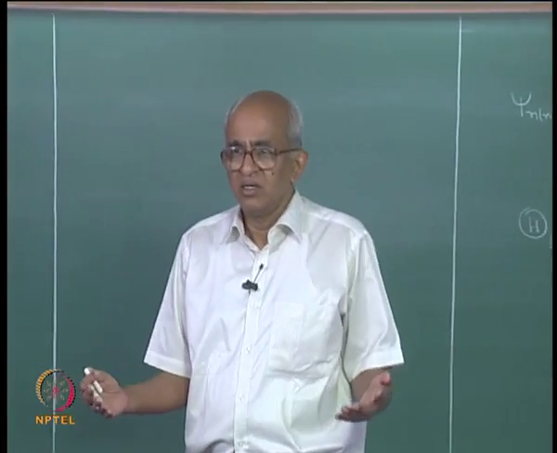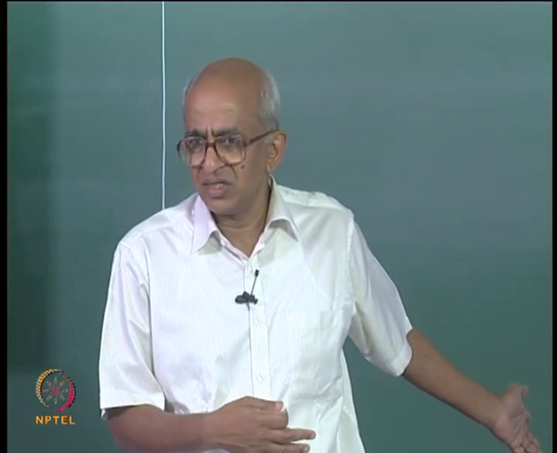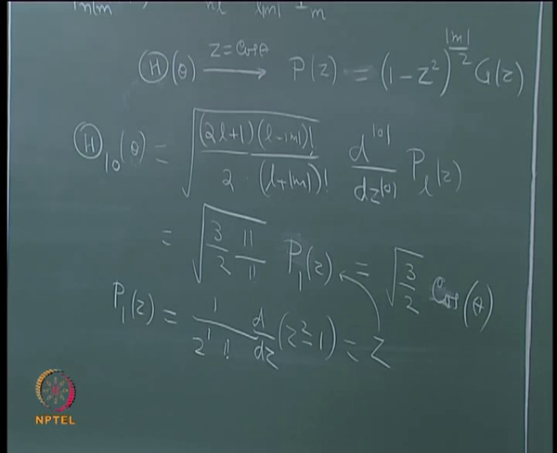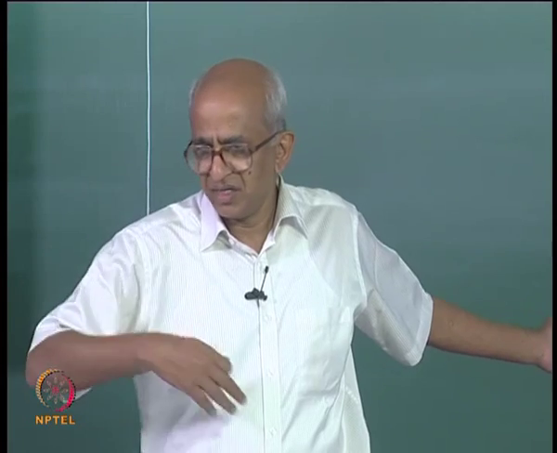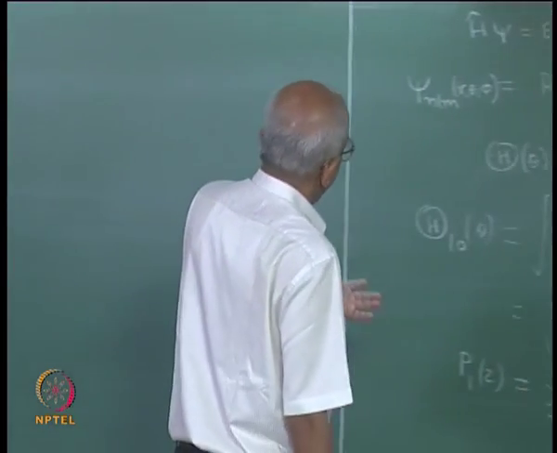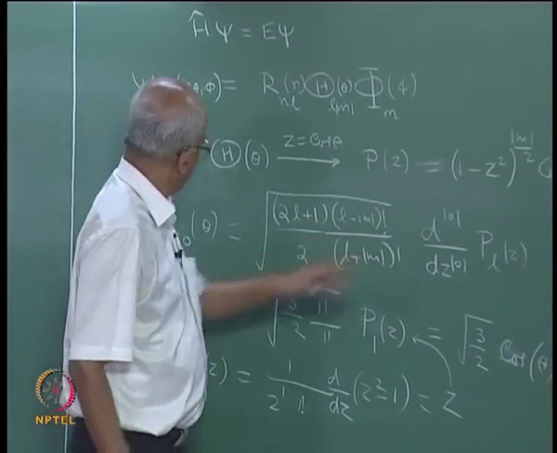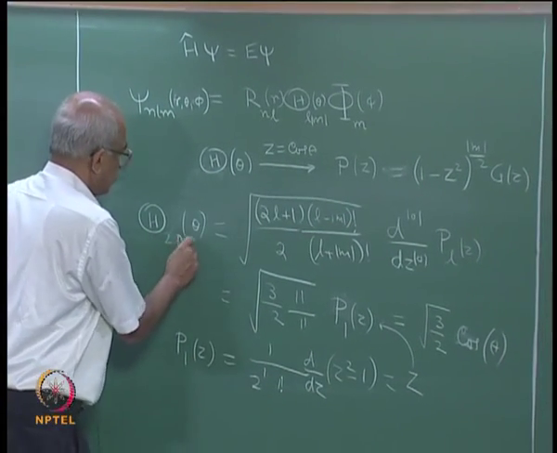So, in a similar fashion, if you are interested in any particular solution, let us say L is equal to 2 and M is equal to 0, you can just use this formula. I do not think I will do other examples, but it is fairly straightforward. All that you need to do is, if L is equal to 2, just put 2 here, and maybe L is equal to 2 and M is equal to 1.